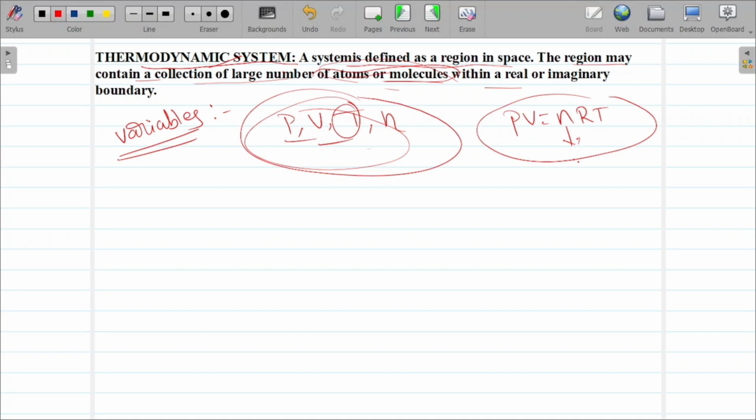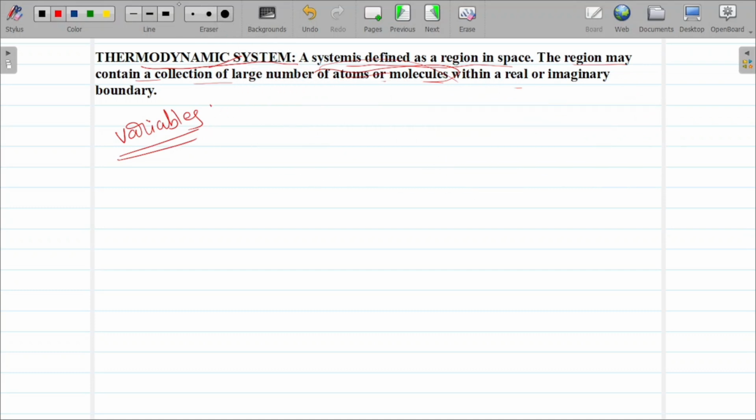So mainly we will discuss the variables P, V, T. If temperature increases, volume changes, and pressure also changes. Clear? So these are thermodynamic variables, and they vary depending on the system.